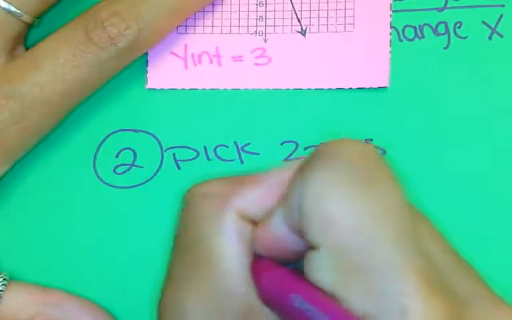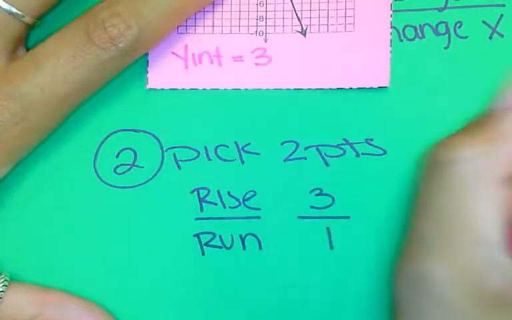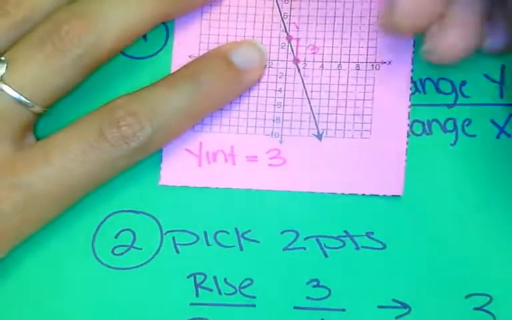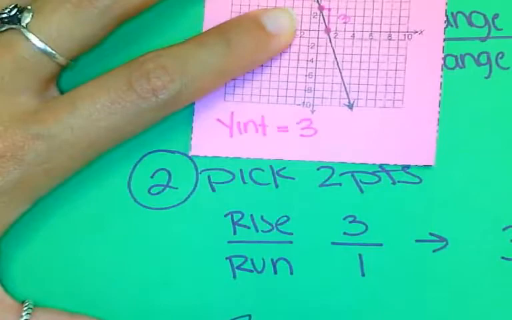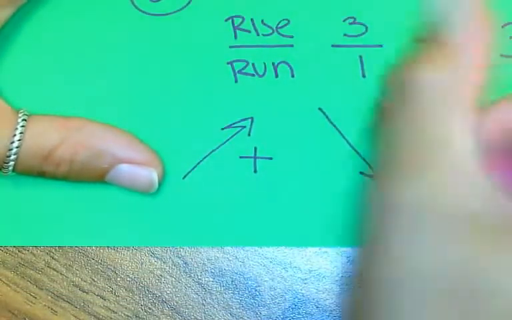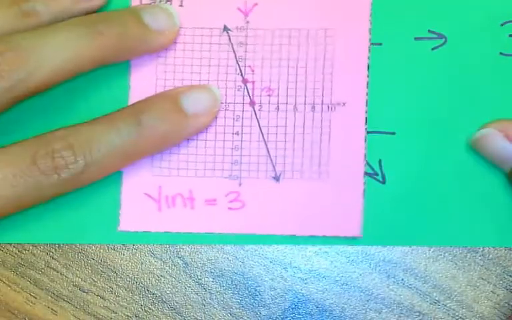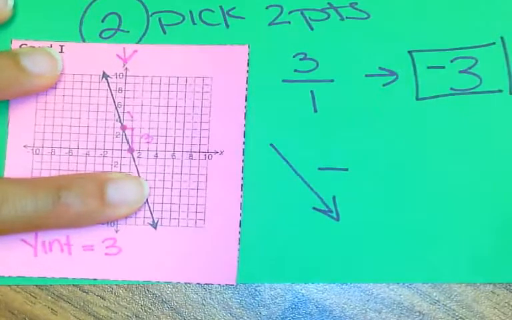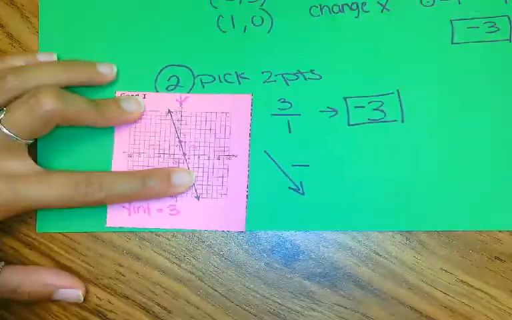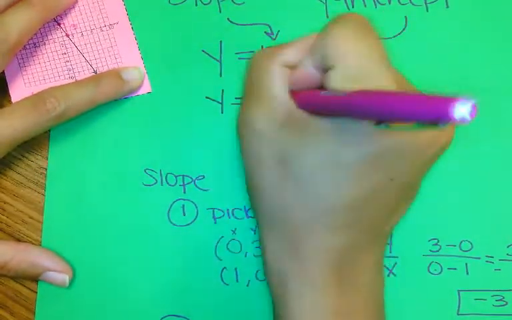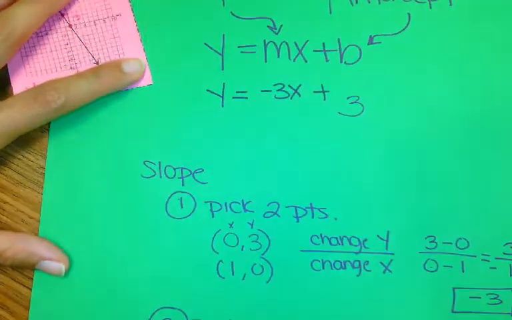I run 1. 3 divided by 1 is 3. And then we look at the direction. Is my line going up? That means it's positive. Is my line going down? It's negative. Well, if I look here, it's going down. So it's negative 3. Okay? So those are the 2 ways to find slope. Either one works. So if I had to finish my equation, it would be y equals negative 3x plus 3.